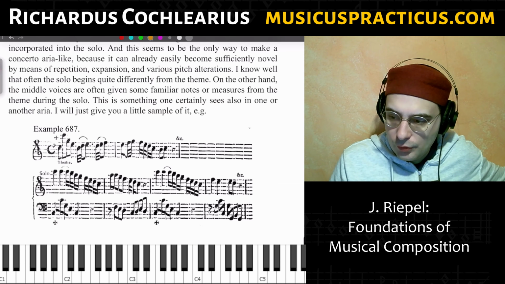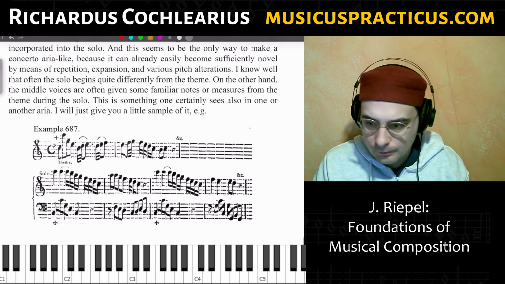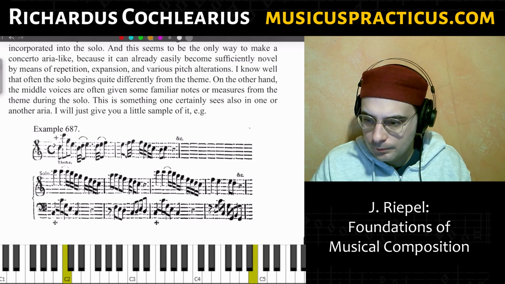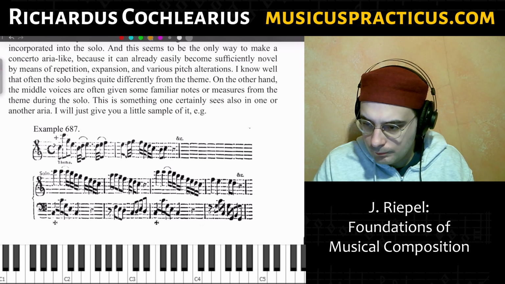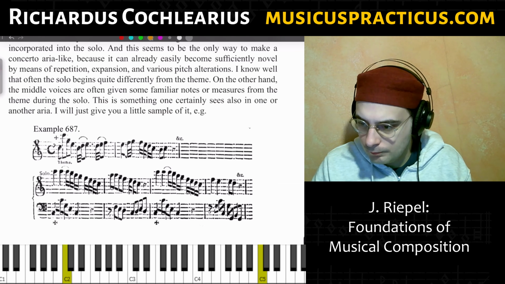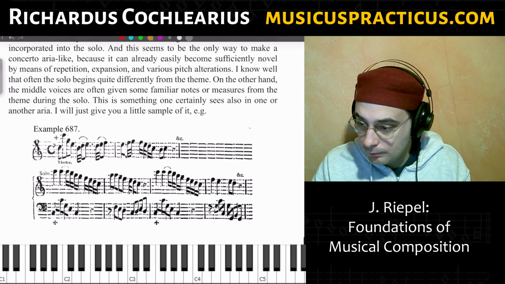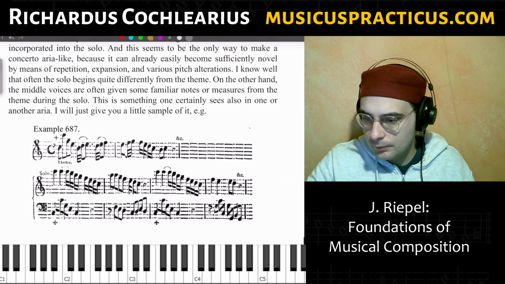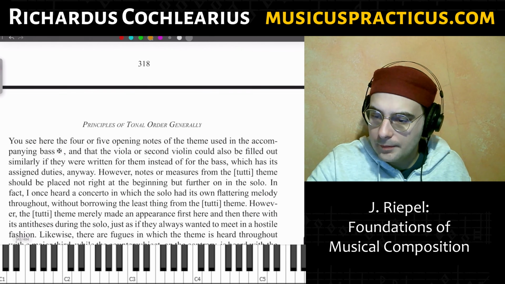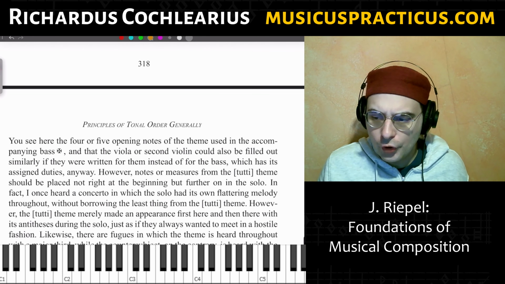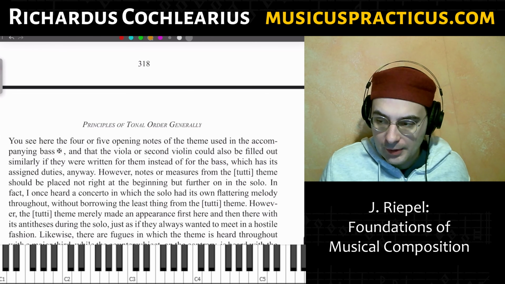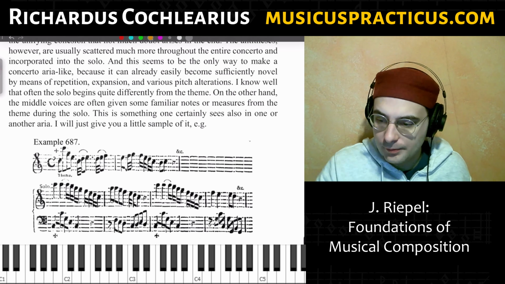Then there is a solo. Let's see. You see here the 4 or 5 opening notes of the theme used in the accompanying bass.